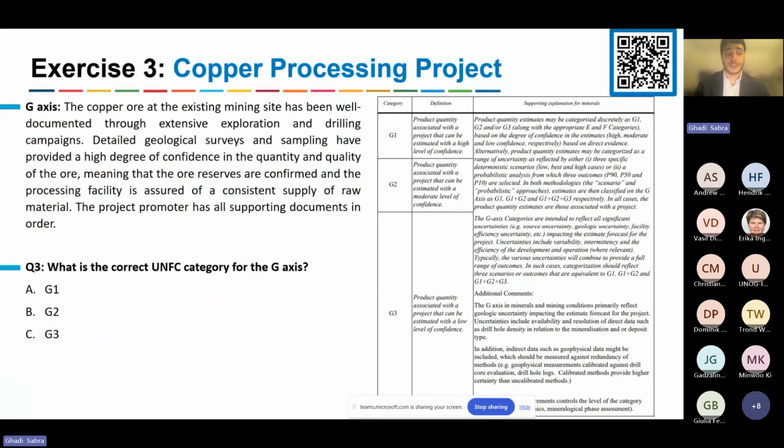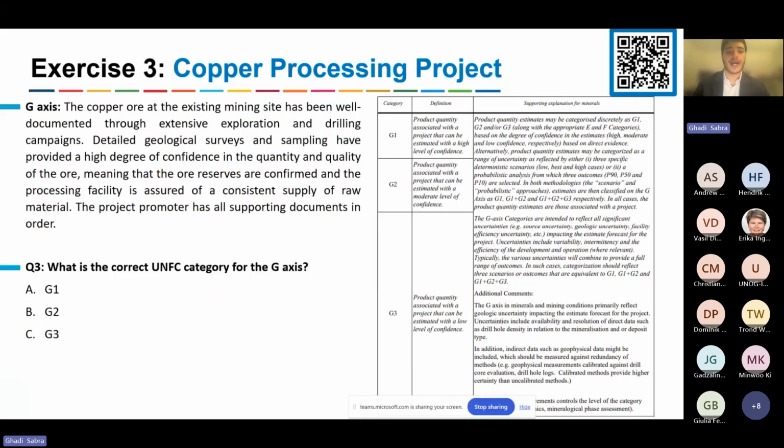Moving on to the G-axis, the copper ore at the existing mine site has been well documented through extensive exploration and drilling campaigns. Detailed geological surveys and sampling have provided a high degree of confidence in the quantity and quality of the ore, meaning that the ore reserves are confirmed and the processing facility is assured of a consistent supply of raw material.